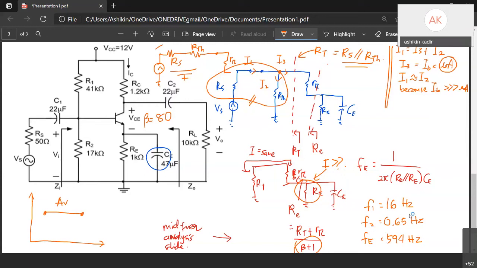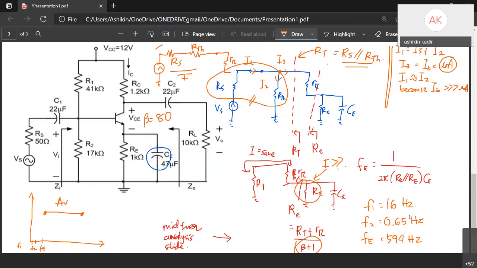For low frequency analysis, if you draw F1, F2, and FE, the smallest will be F2, and then F1, and then FE.